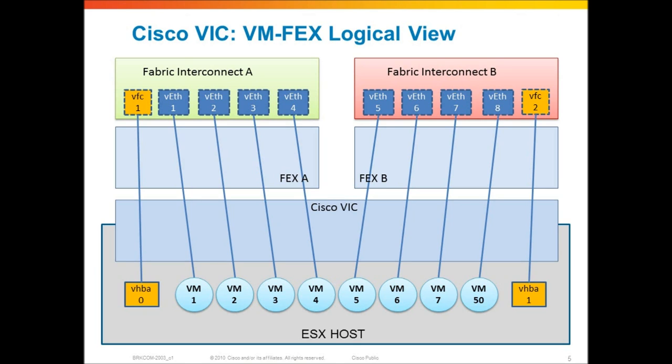And basically what you're doing is the Cisco VIC is really at this point a second-tier fabric extender, giving each virtual machine a virtual cable that runs all the way up to its own virtual Ethernet port on the fabric interconnect. So on the ESX host, there really is no Nexus 1000V or VMware vSwitch. The fabric interconnect is now a hardware implementation of a vSwitch or a distributed virtual switch.